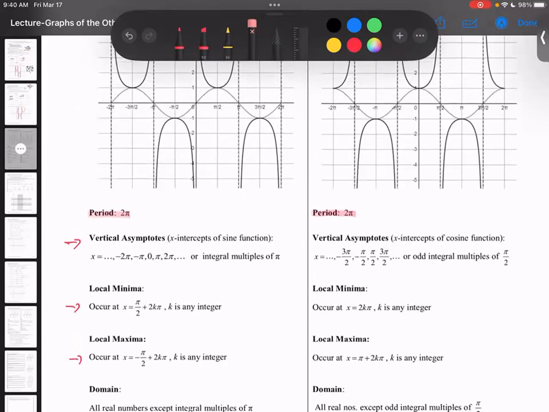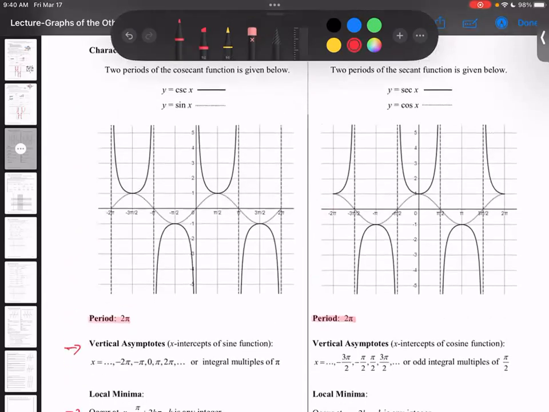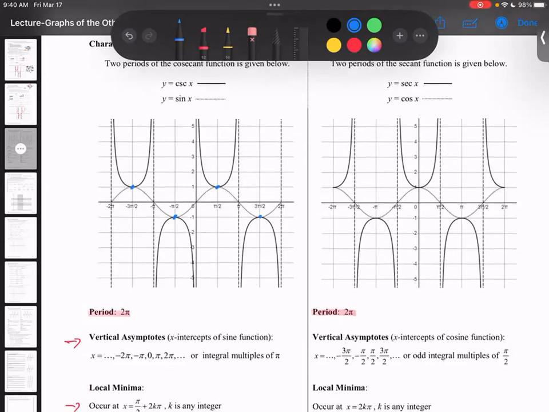Local minima, local maxima. Oh, by the way, when I say local minima, local maxima for these two, I meant these. So here is a local minimum, because that's the bottom of a vertex. Remember, open up, you have a minimum. So that's local minimum, local maximum, local minimum, local maximum. I know I say local maximum.